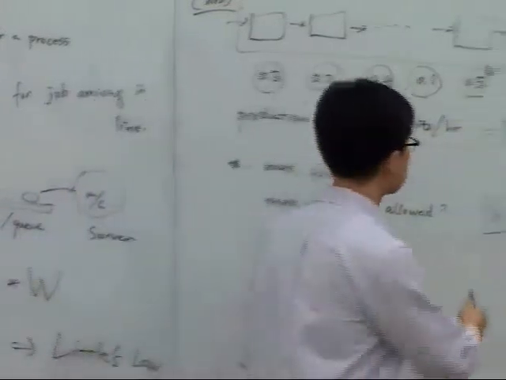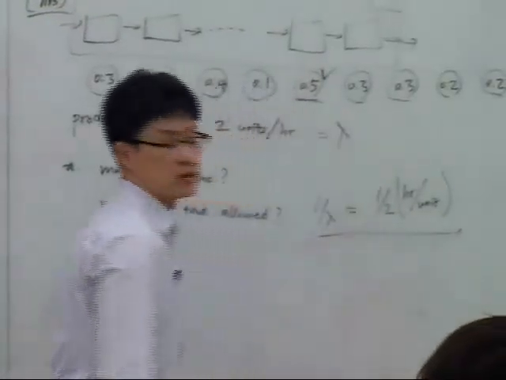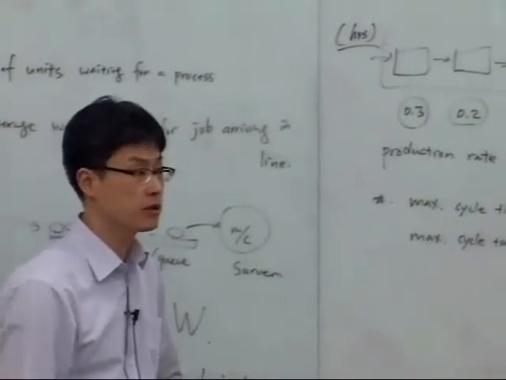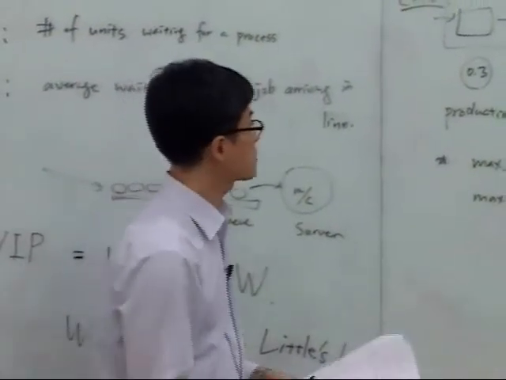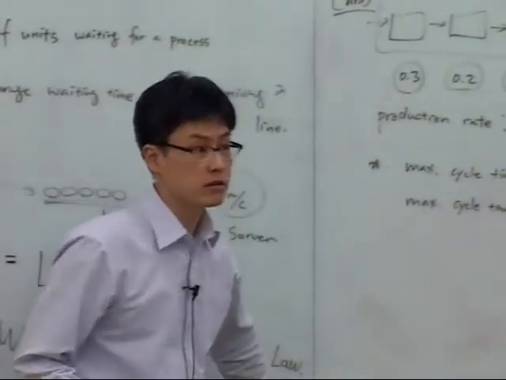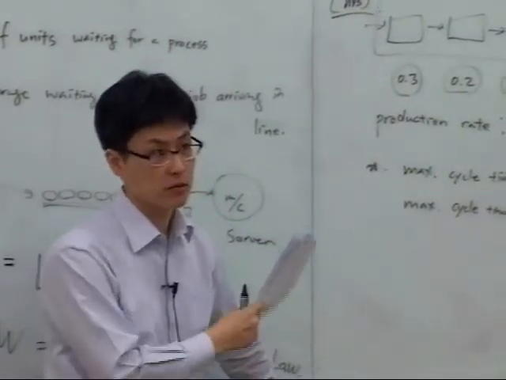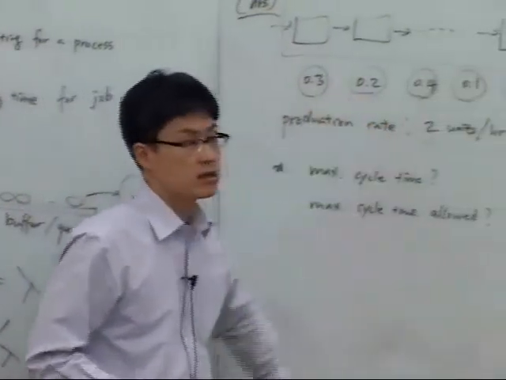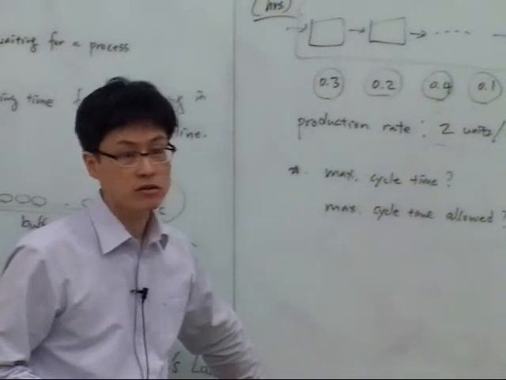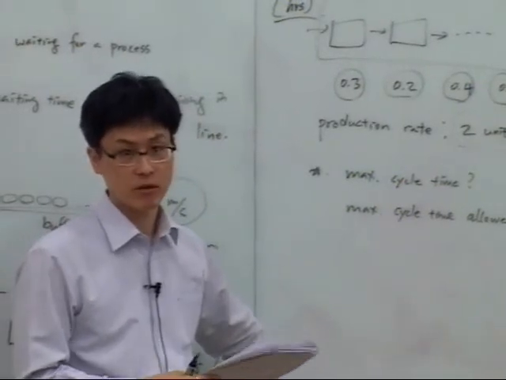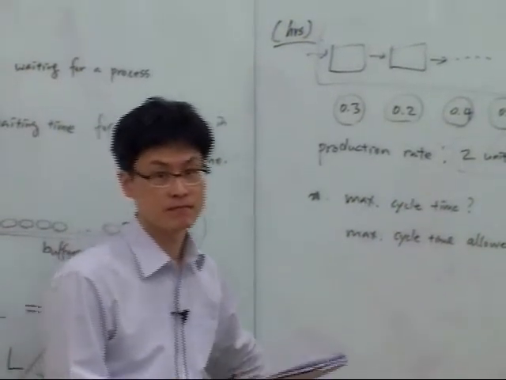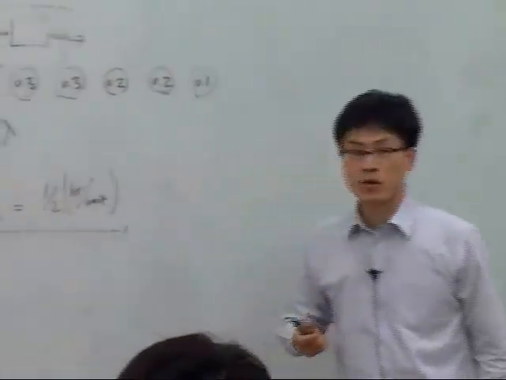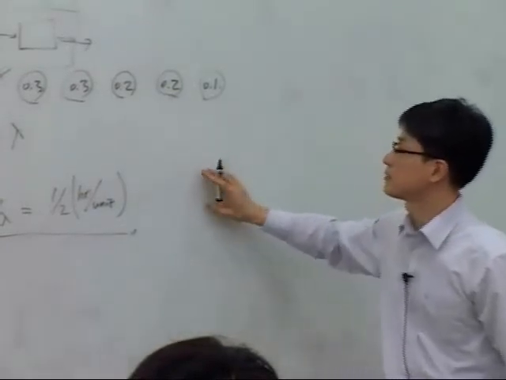Well, it's the same. So we can make 2 units per hour. I said it is the duration required to make a thing, which is the cycle time of each workstation, right? Think of it like that.